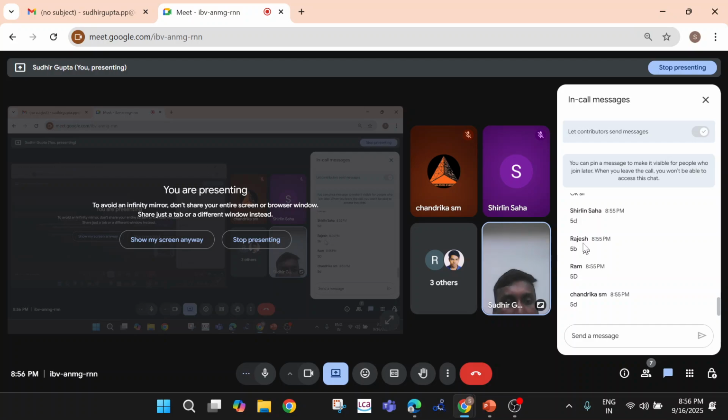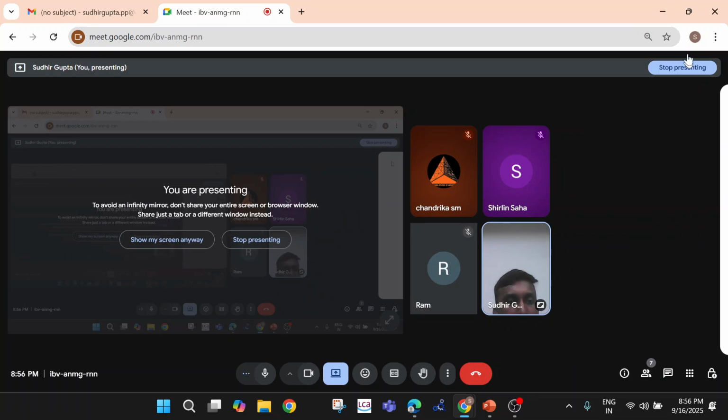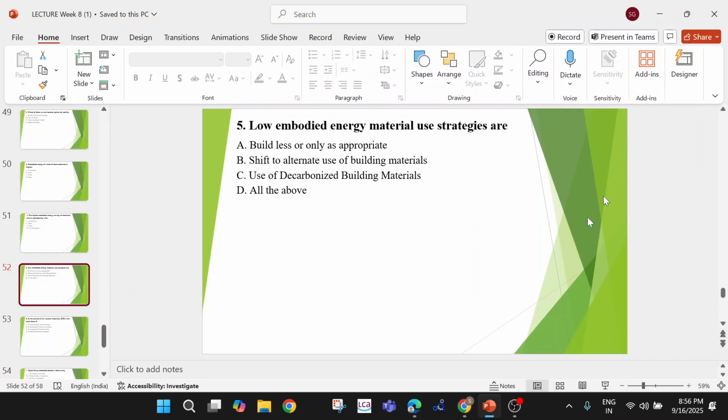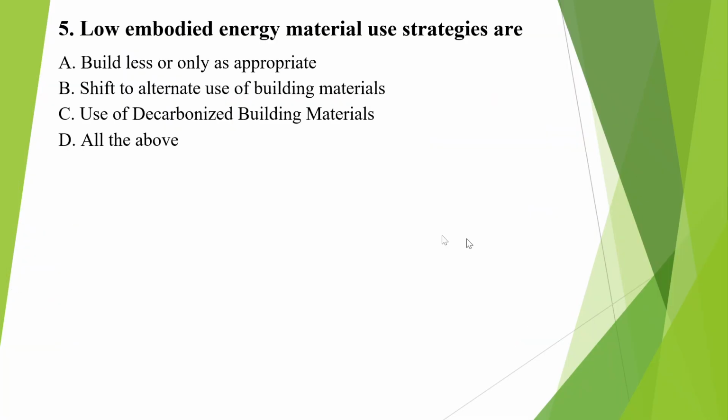5D, 5B, 5D. I cannot go in a hurry because some of you are having doubts and some of you are going for some incorrect option. Whoever have marked option D, they are absolutely correct, and option B is correct. Rajesh has marked option B, but other options are also correct.